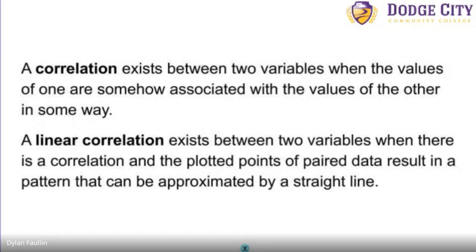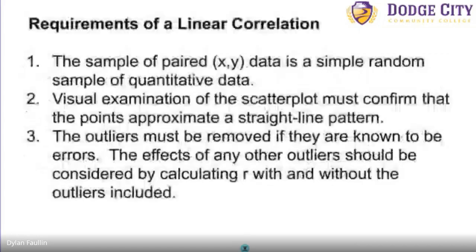The way I like to describe it is when there's a linear correlation, the points will follow along some kind of straight band when you graph them. It won't be an exactly straight line, but there'll be some narrow band within which the points all fit. And that would indicate that there's a linear correlation. All right, I'm sure I have an example here soon.